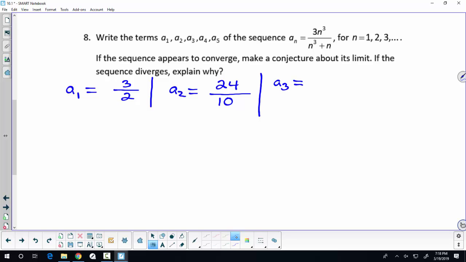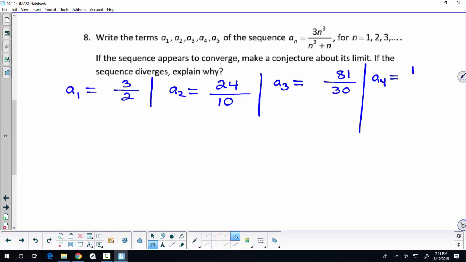Third term: 81 over 30. Fourth term: over 68.